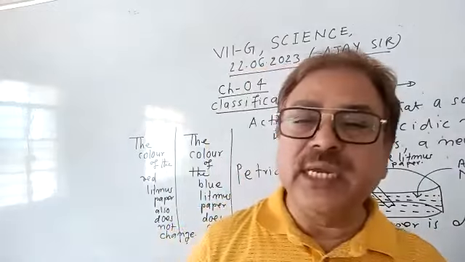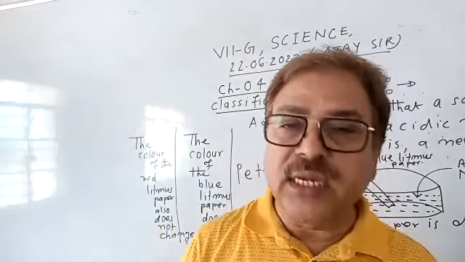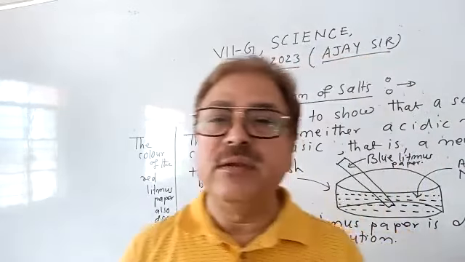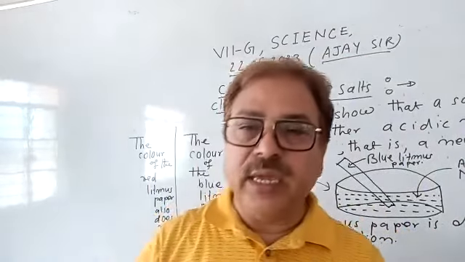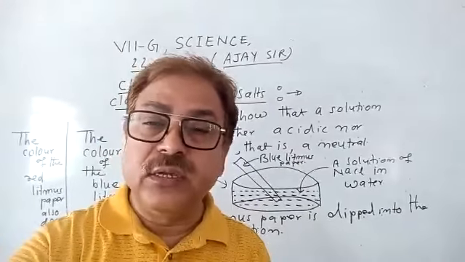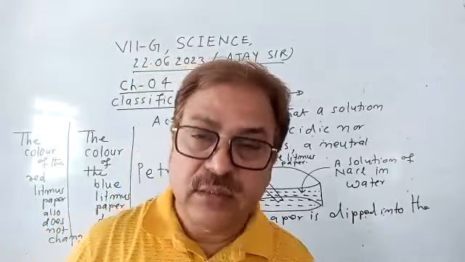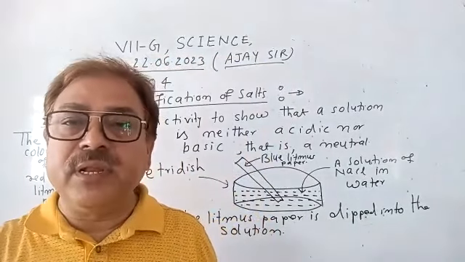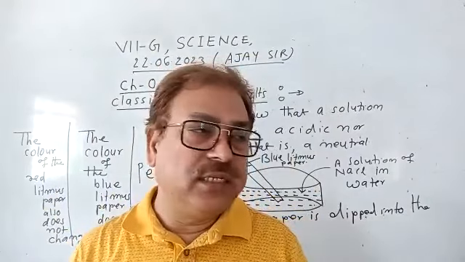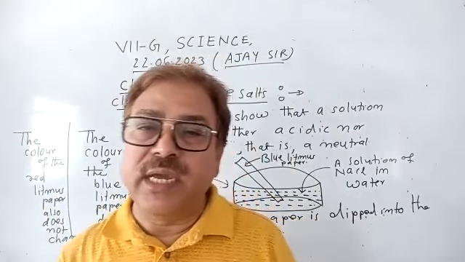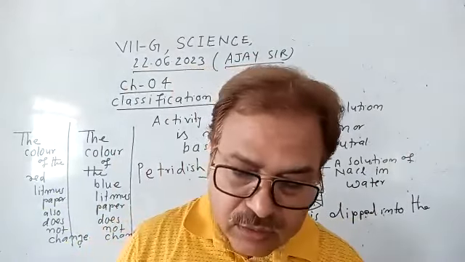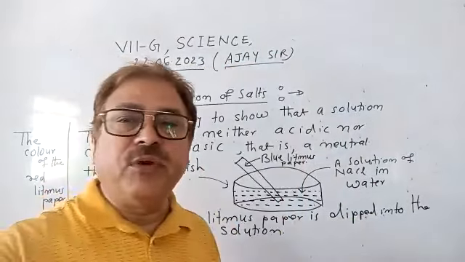This indicates that the solution taken in the petri dish is neither acidic nor basic. So we can decide and prove that the solution is neutral. This is a very simple activity to show how a solution is neither acidic nor basic, and we call it a neutral solution. Now comes the next point.